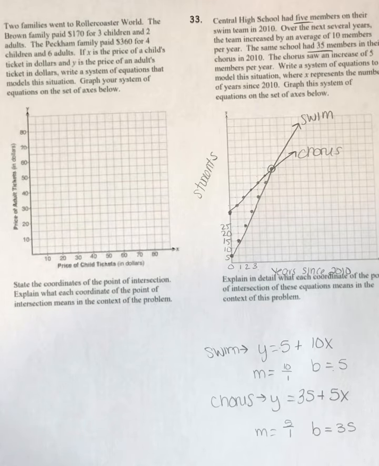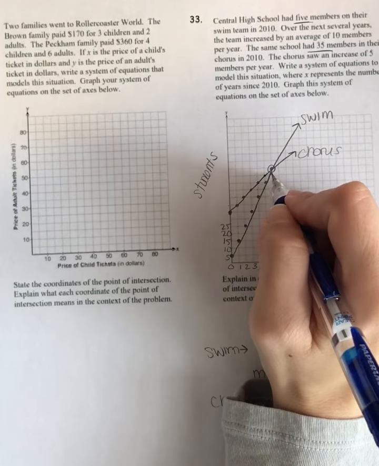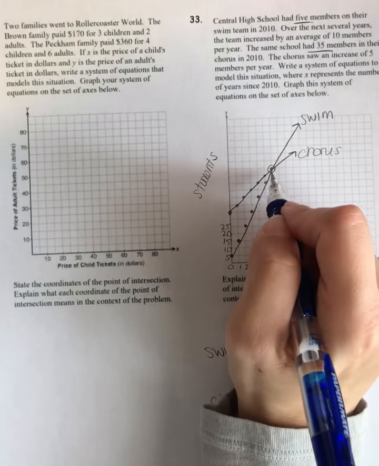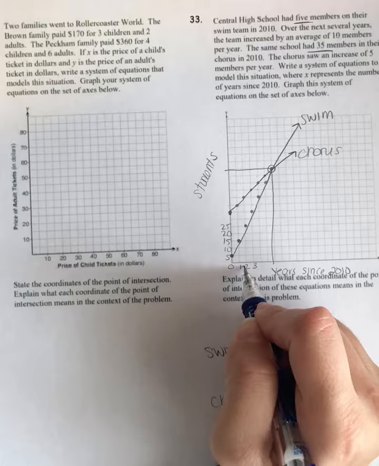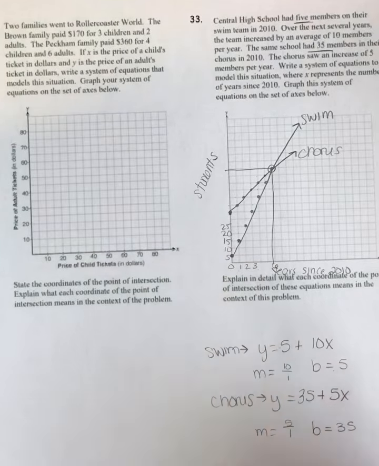On the bottom it says explain in detail what each coordinate of the point of intersection means in context of this problem. So if I look, that's where it is on my x-axis, that's where it is on my y-axis. So let's count. 1, 2, 3, 4, 5, 6.